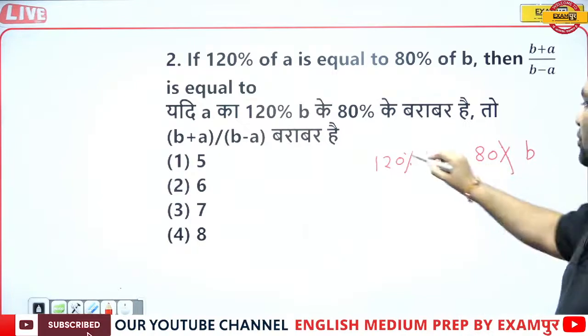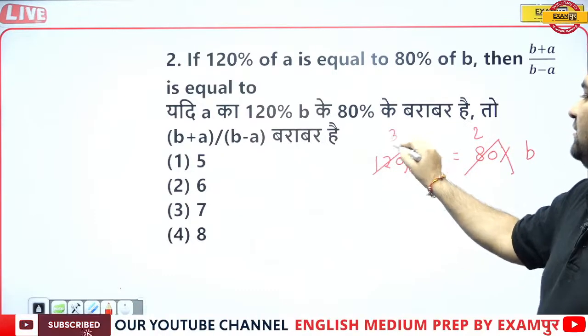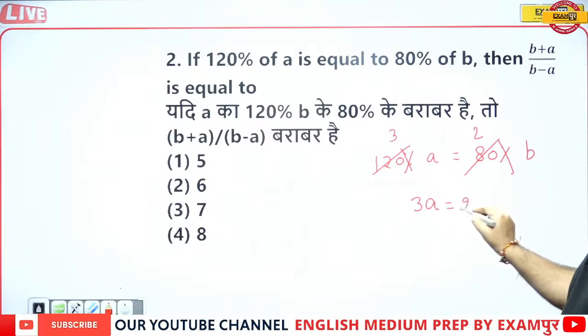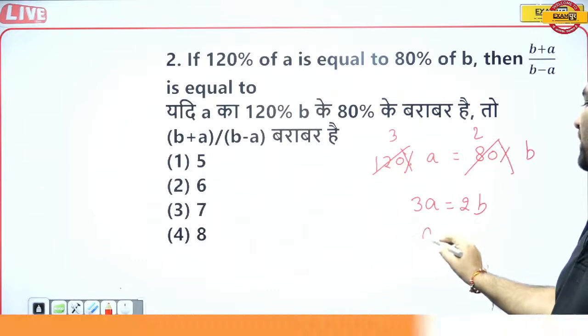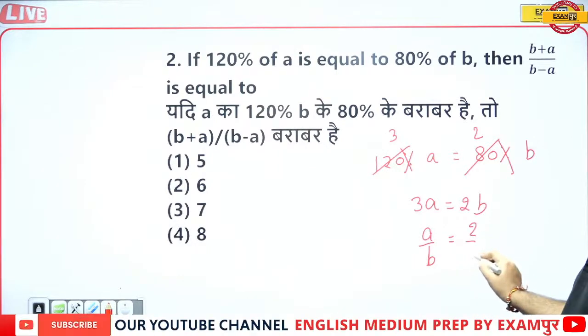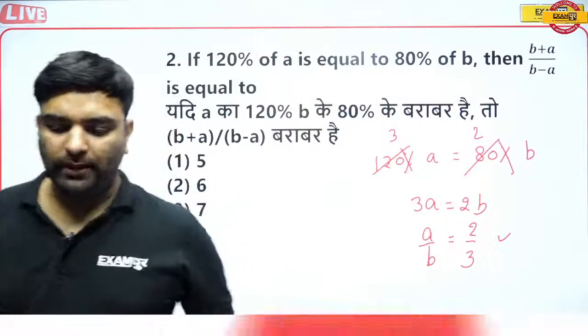Percent will cancel out. 40 will simplify 3 times, 40 will simplify 2 times. You will say, sir, 3A is equal to 2B. A upon B is in the ratio 2:3.